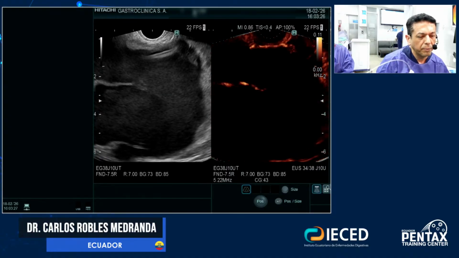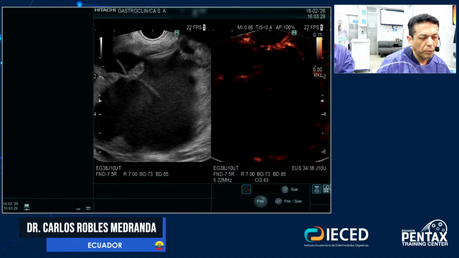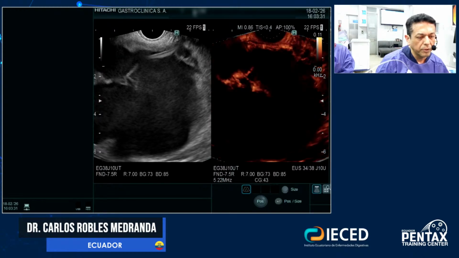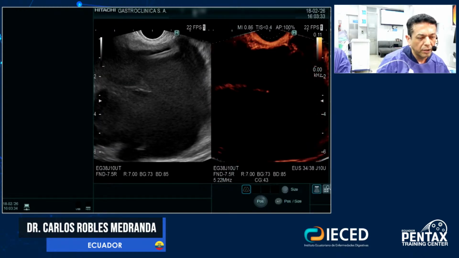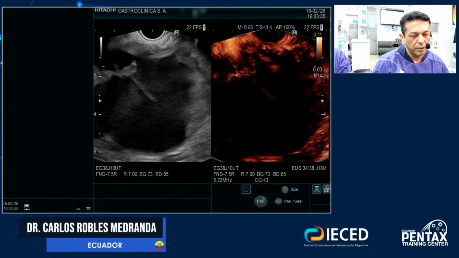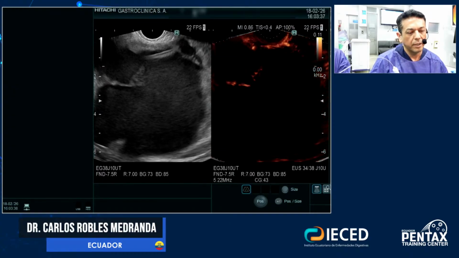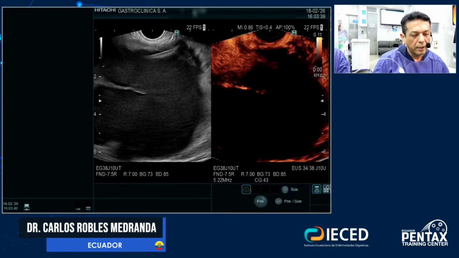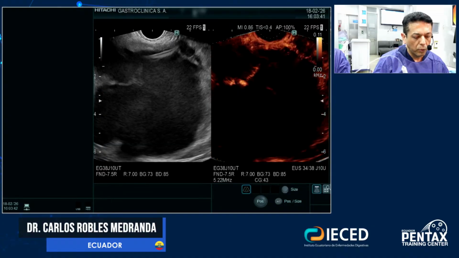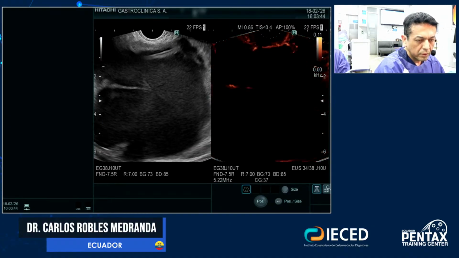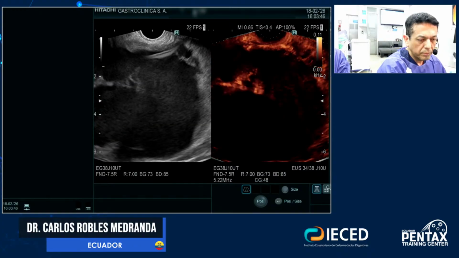However, we need to make more studies to get more data about this hypothesis, or this visualization, or this characterization that I'm looking at in this lesion. So now I want to show you a little bit more.